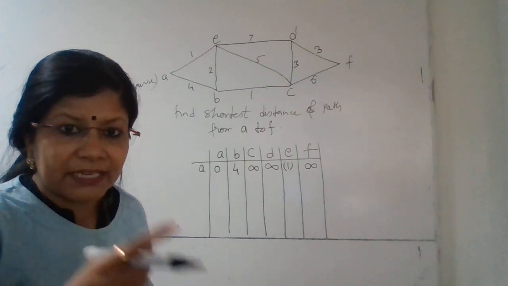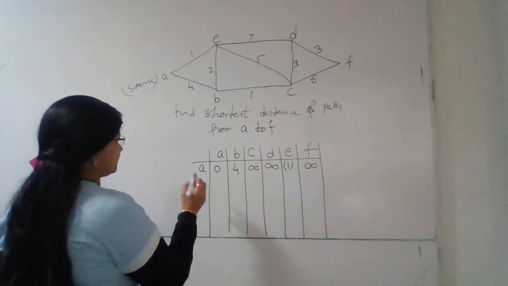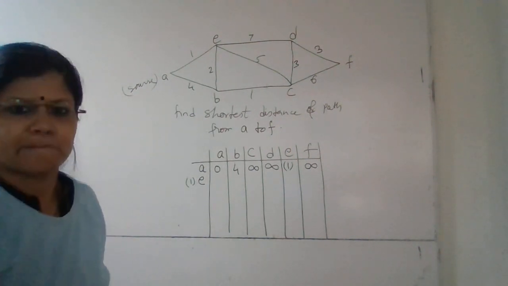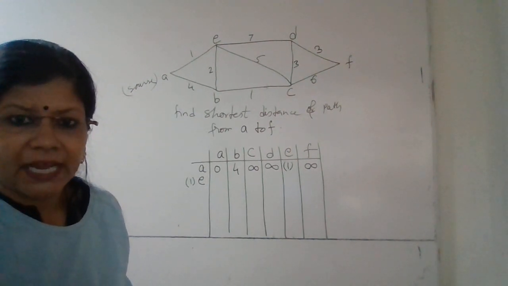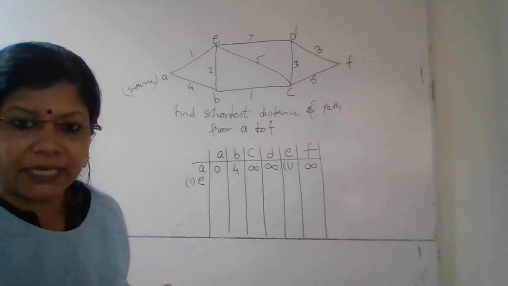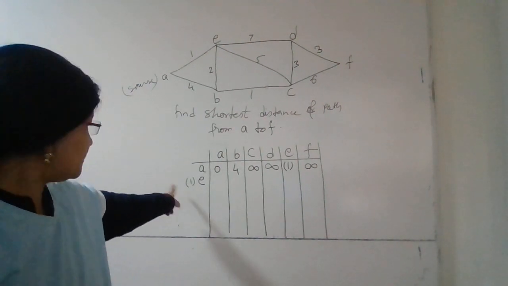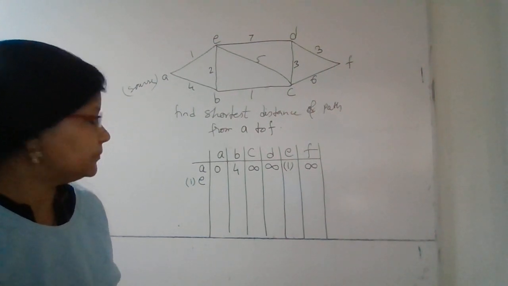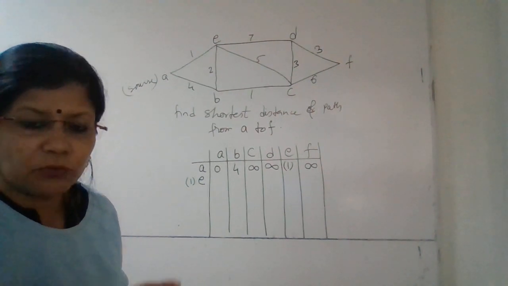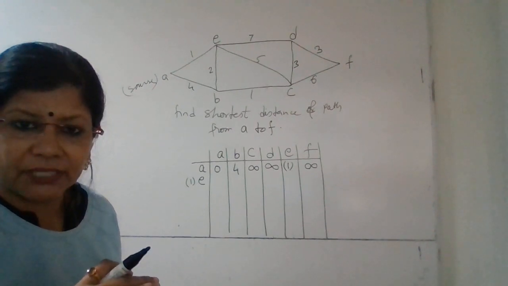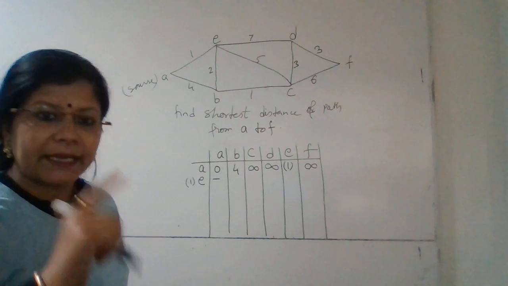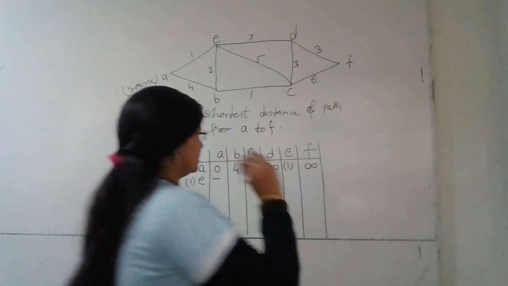So the next vertex is E, and the distance from A to E is 1. Mention it in the bracket. Then A to E is already done, so A to E dash. E to E 0 and leave it.